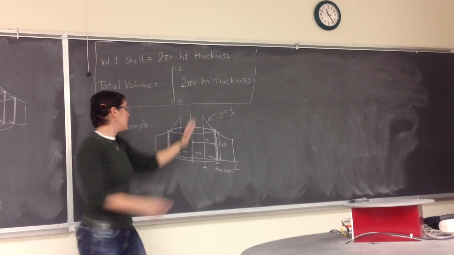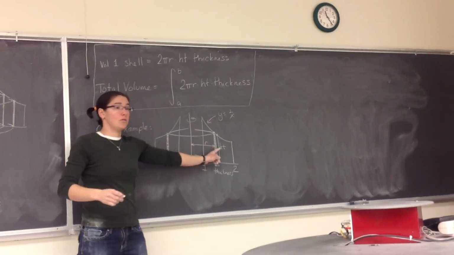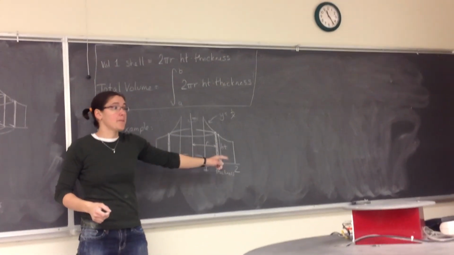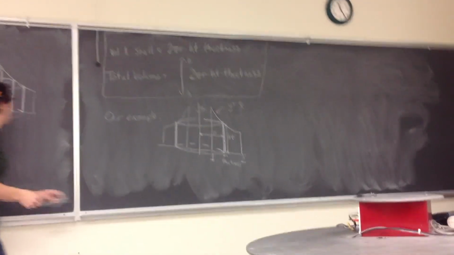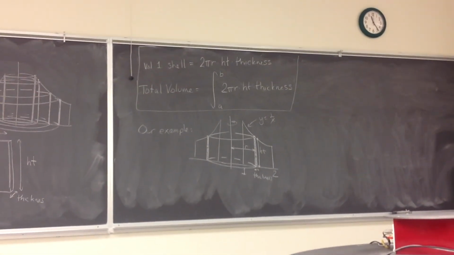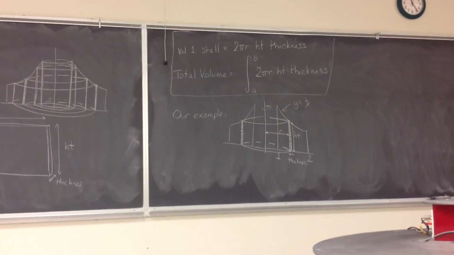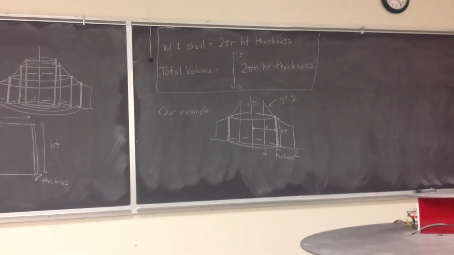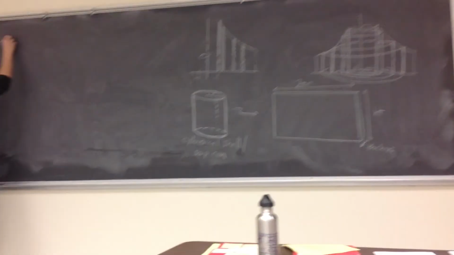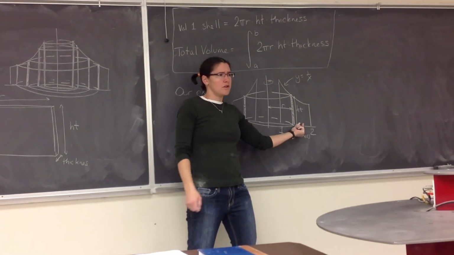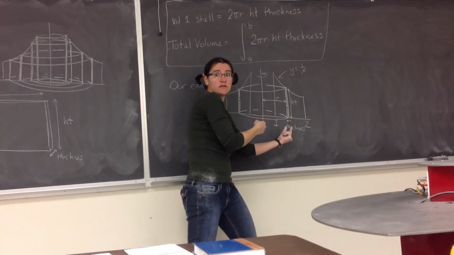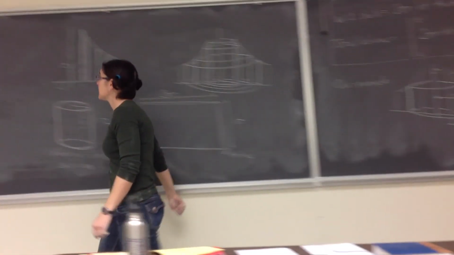The radius goes from the axis of rotation out to the wall of the shell. Okay. So now we want to write down the volume of this one shell for this particular example. We'll start with our thickness. That's always where we want to start. Our thickness is the width of our wall, which is a little bit in the x direction. And so our thickness is dx.